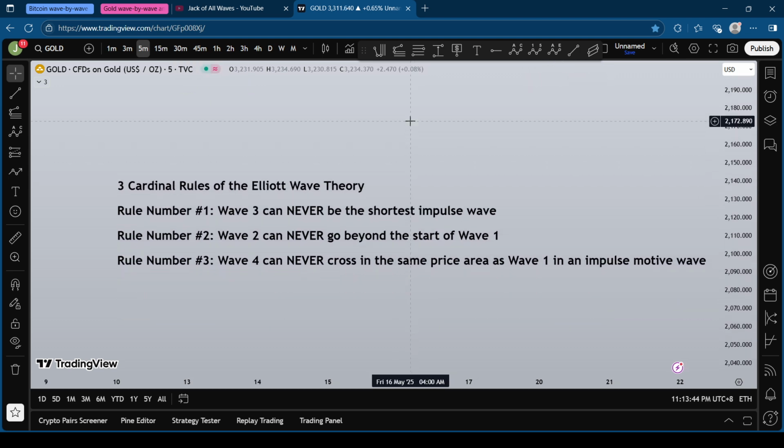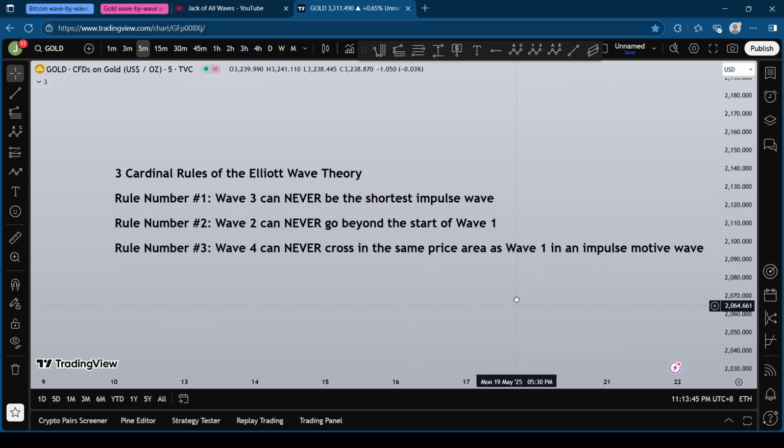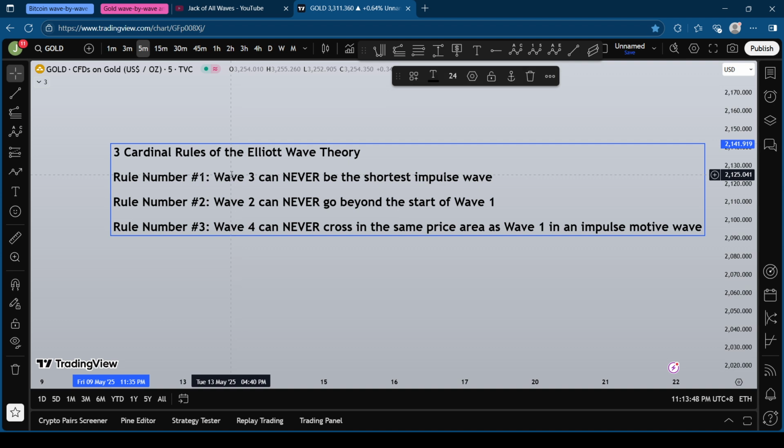There are three cardinal rules of Elliott wave theory. Number one is wave 3 can never be the shortest impulse wave. Rule number 2, wave 2 can never go beyond the start of wave 1.